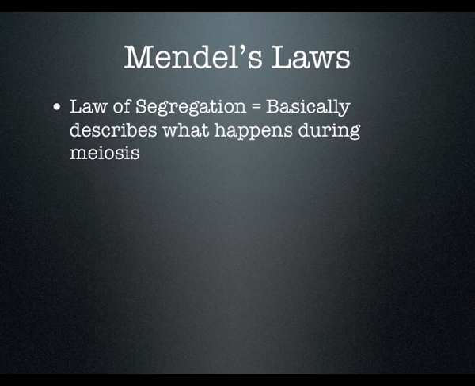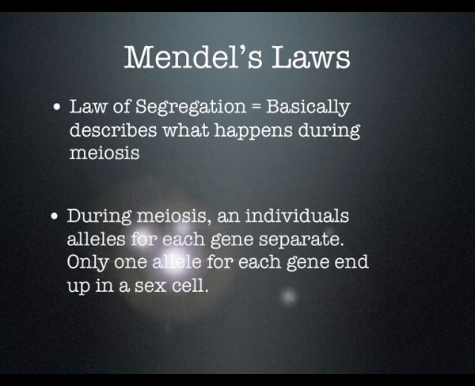So for all 30,000 of your genes, an adult can carry up to 2 of each gene. But when they go to make sex cells, they can only give that sex cell 1 of every gene. So 1 allele makes it into each sex cell. So that's really what my second bullet point is stating here.